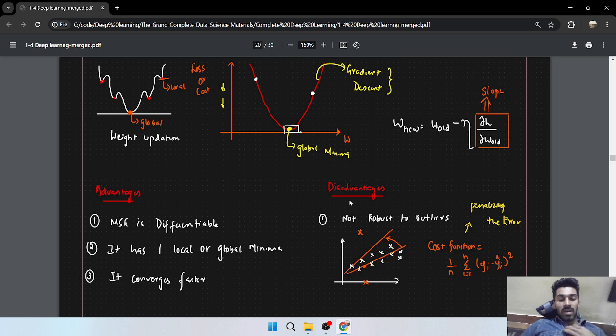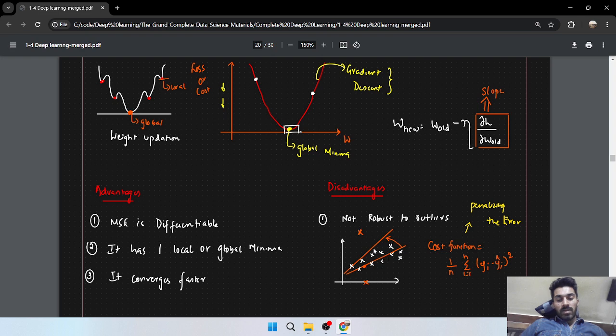Now coming to the disadvantage: it is not robust to outliers. How is this so? Suppose we have a linear regression line. If one outlier comes, then the line will be shifted toward it.